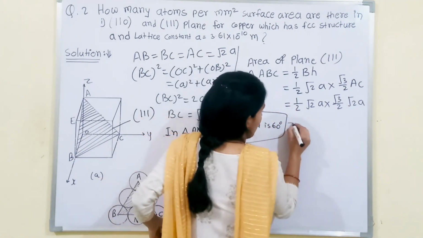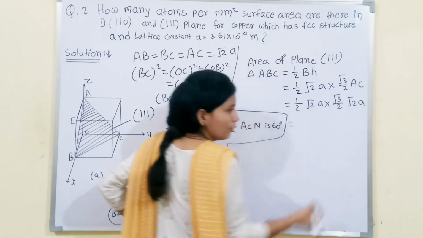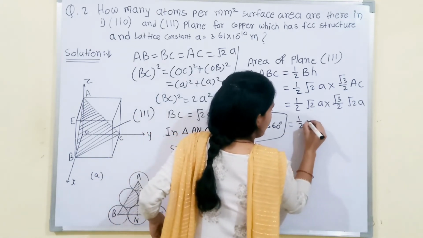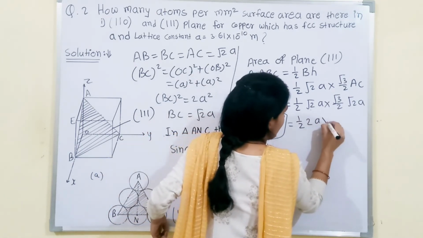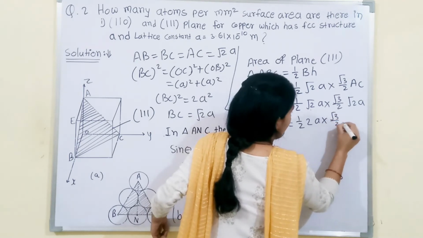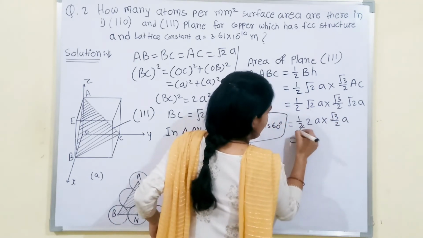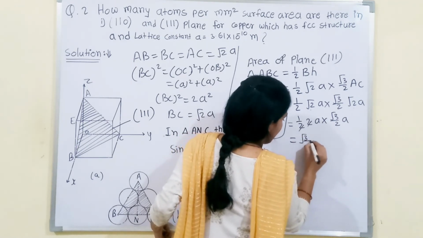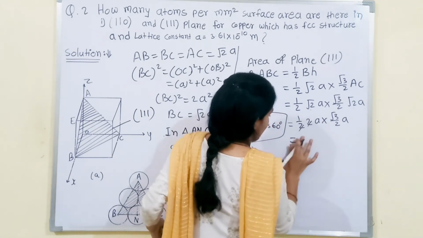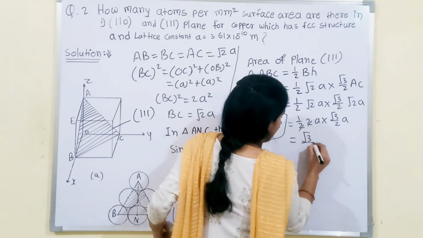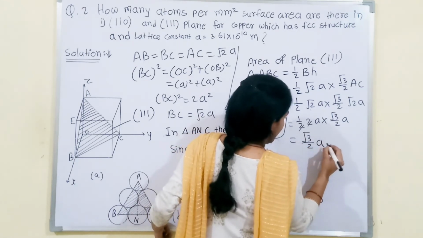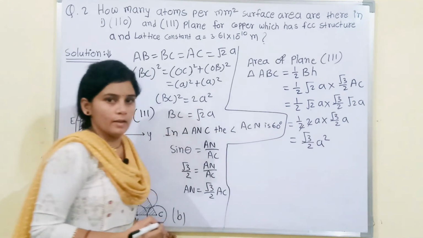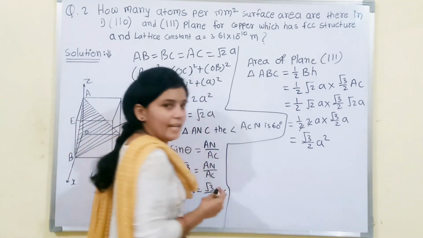Root 2 and root 2 is equal to 2, so we can write root 3 by 2A. 2 will get cancelled, and we will only have remaining root 3 by 2 into A square. So this is the area of the plane.